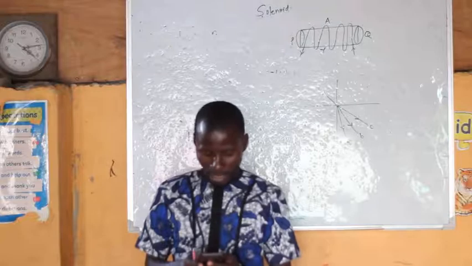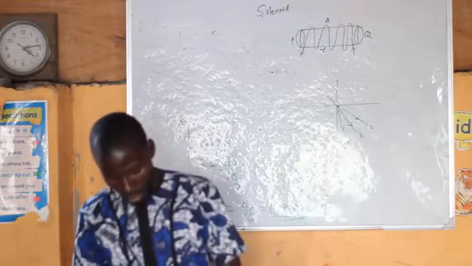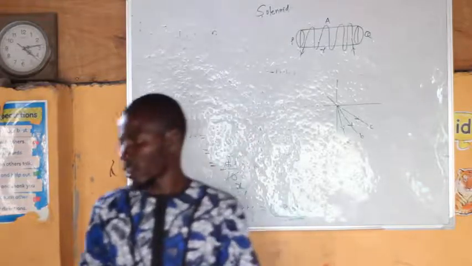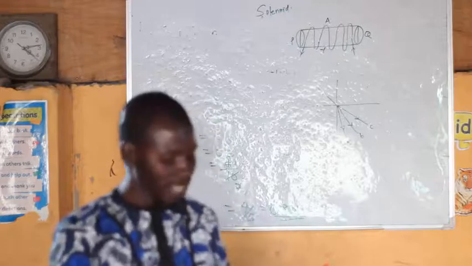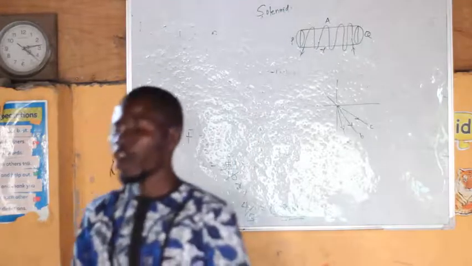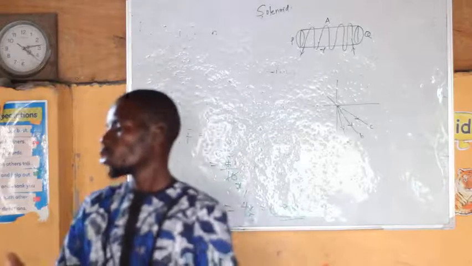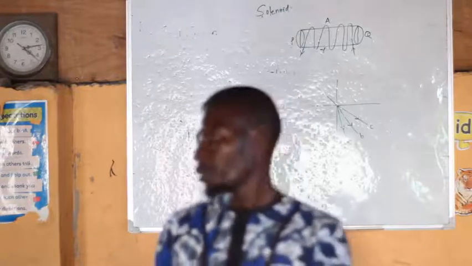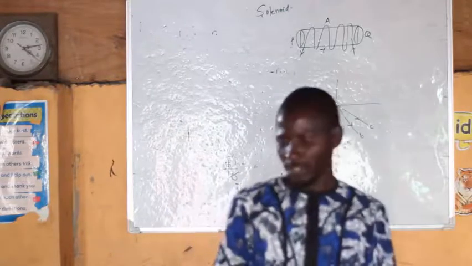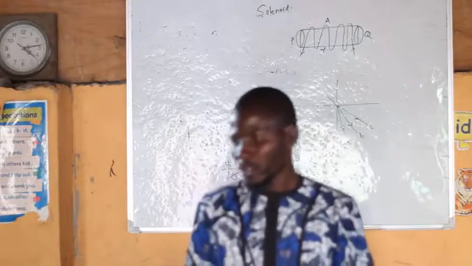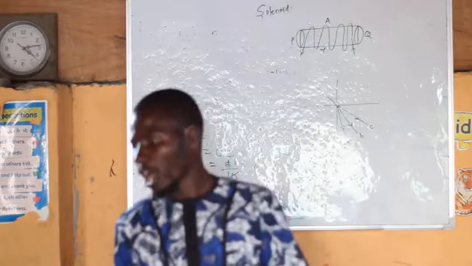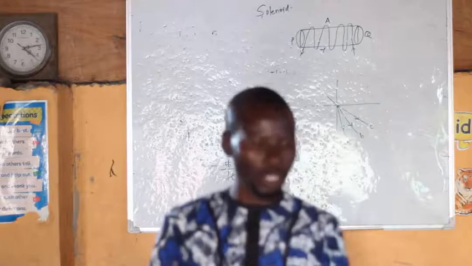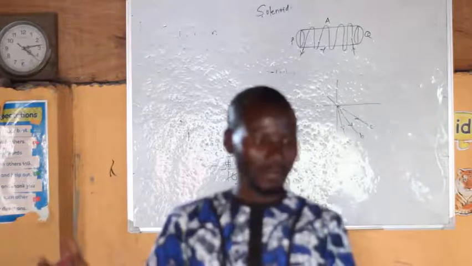Which one again? Potentiometer. What is the use of potentiometer? Potentiometer is an instrument we use also to measure the voltage or potential difference between two ends or two points in a wire. Is that clear?